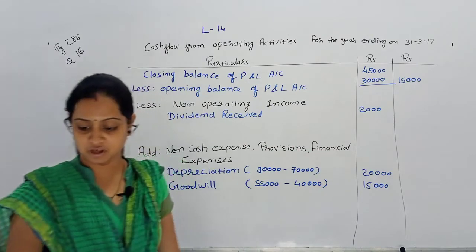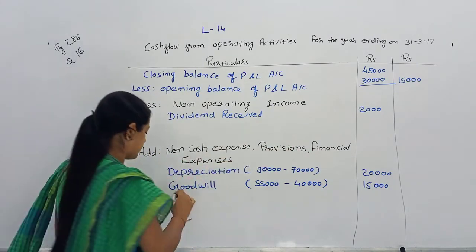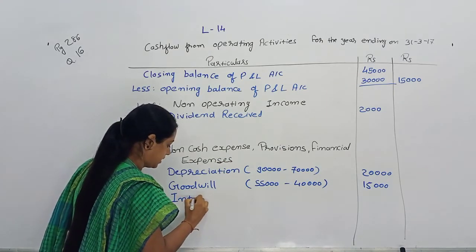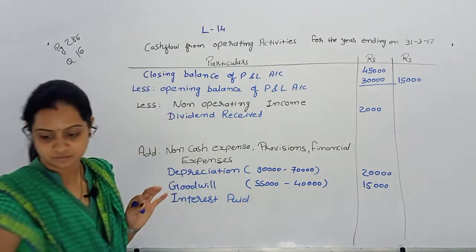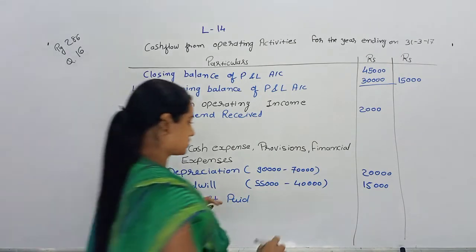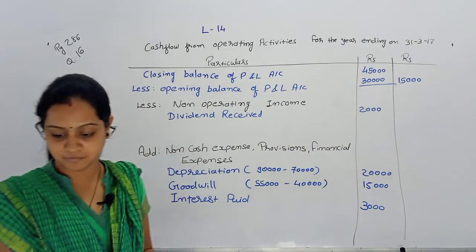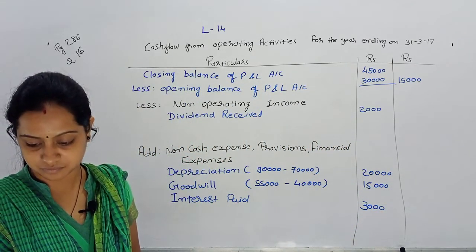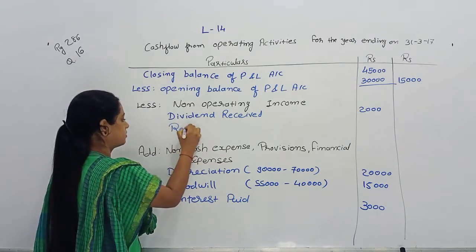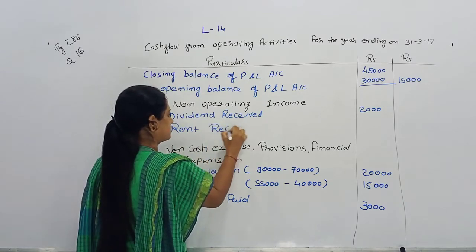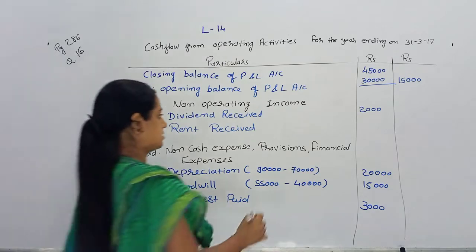Then they have given interest paid. Interest paid is our financial expense, so it will come here interest paid. Amount 3,000. Then rent received, that is also our income. Rent received. Amount is 10,000.